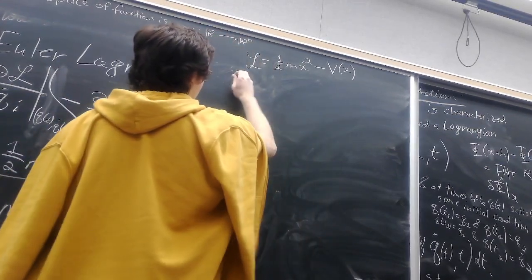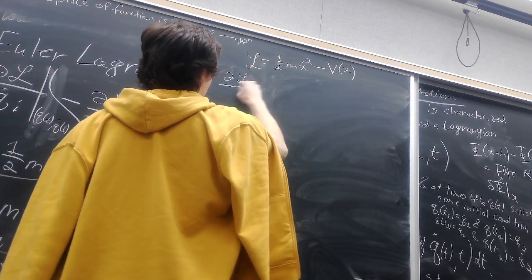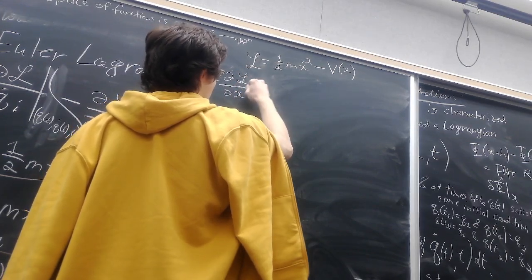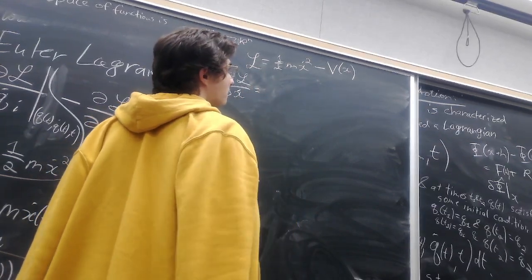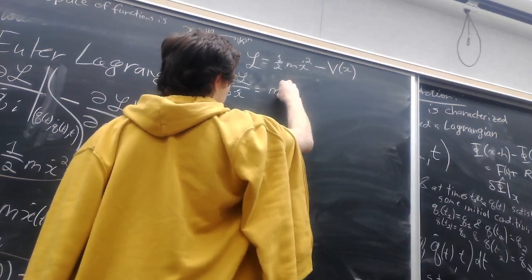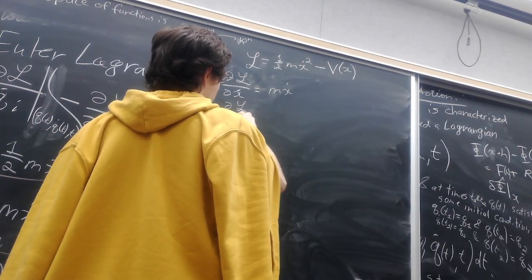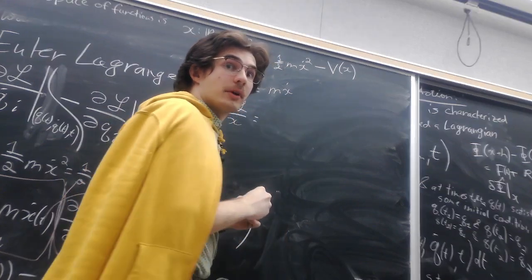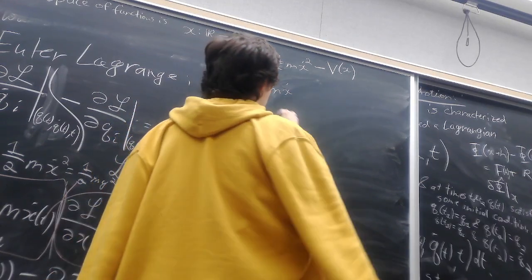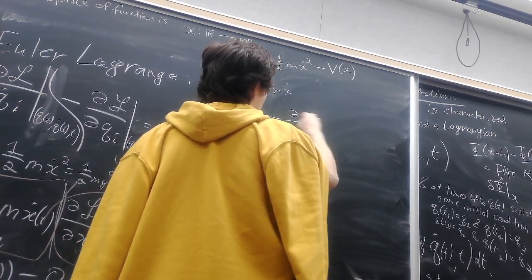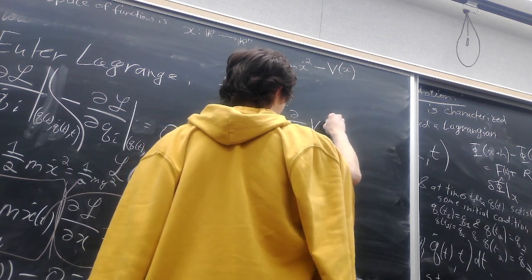Now I do the usual thing. What's the derivative of the Lagrangian with respect to x dot? m x dot. What's the derivative of the Lagrangian with respect to x? Minus the derivative of V with respect to x.